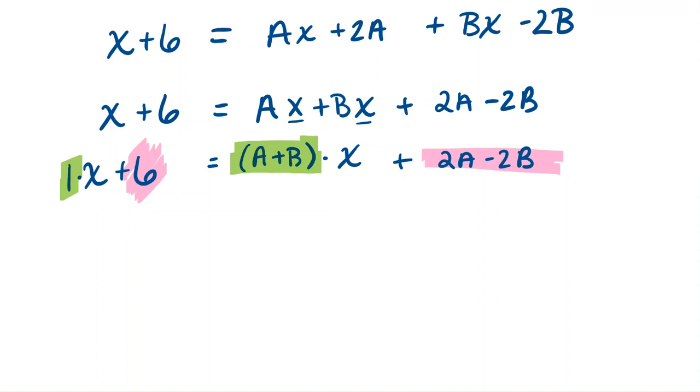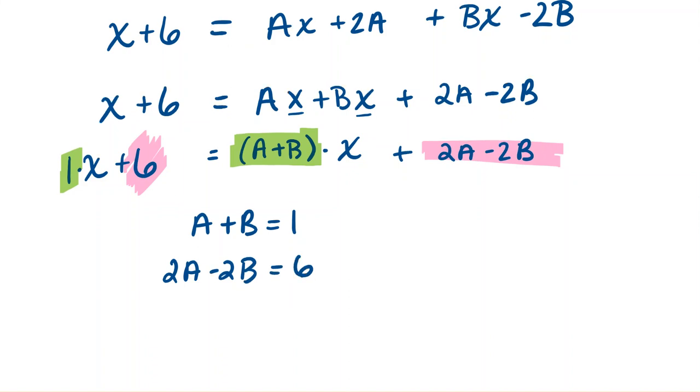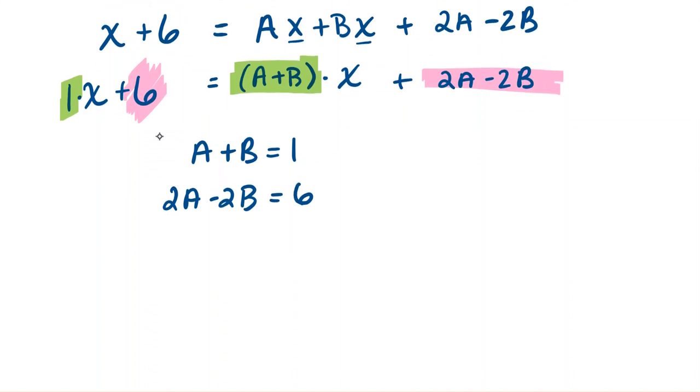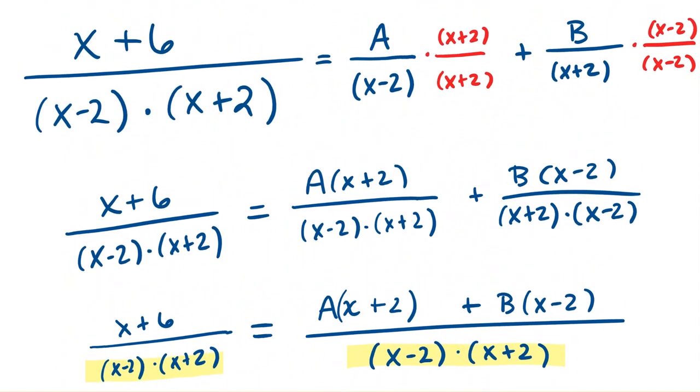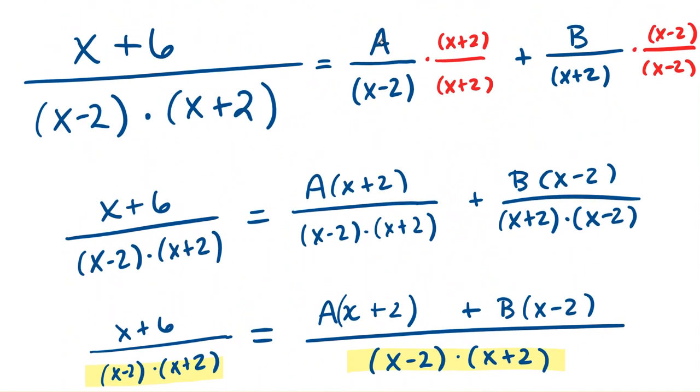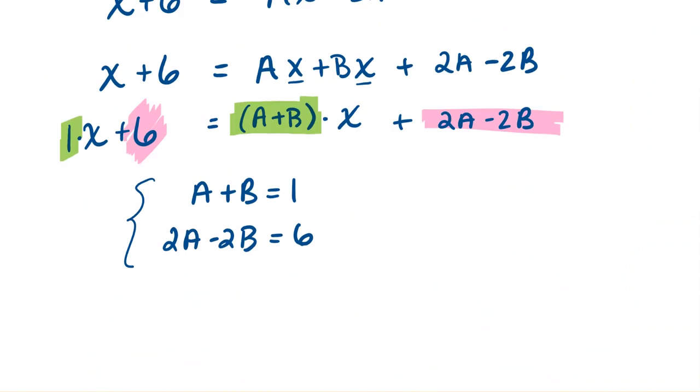This would set us up to two systems of equations. A plus b must be equal to 1, and then 2a minus 2b must be equal to 6. If we can solve this system of linear equations, then we would know exactly from the beginning what over x minus 2 plus what over x plus 2 would give us this overall simplified fraction.